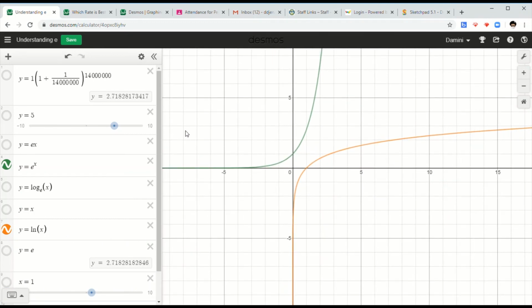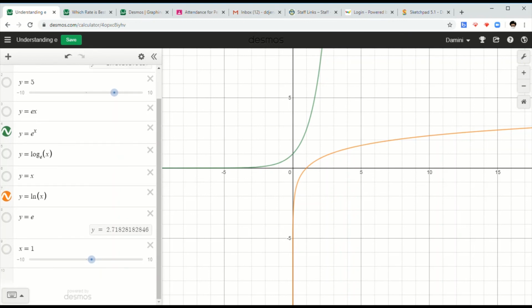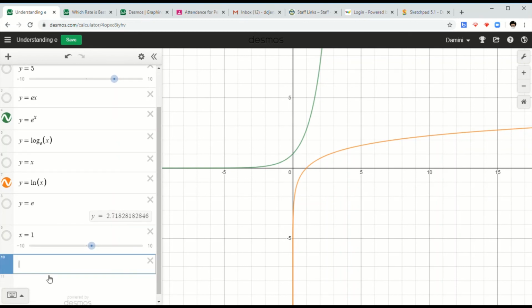So we can see here the classic inverses are going to be mirroring that y is equal to x, and we can confirm that natural log is indeed the inverse of e to the x.